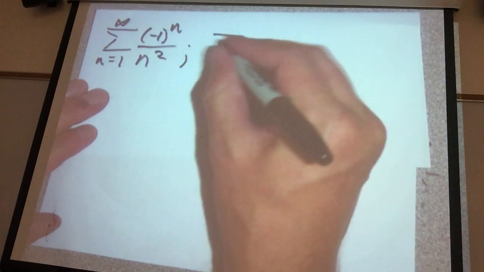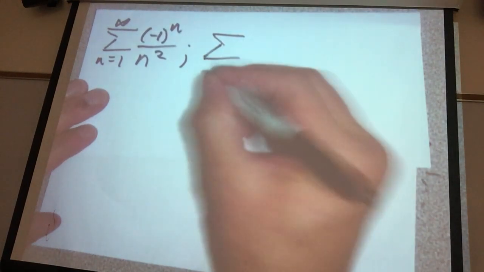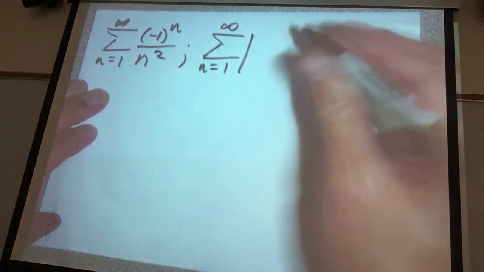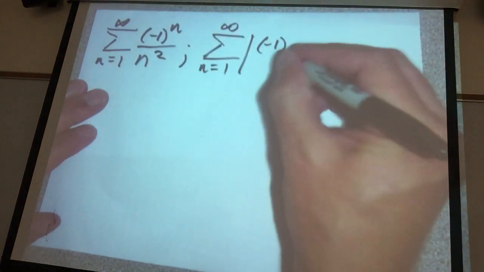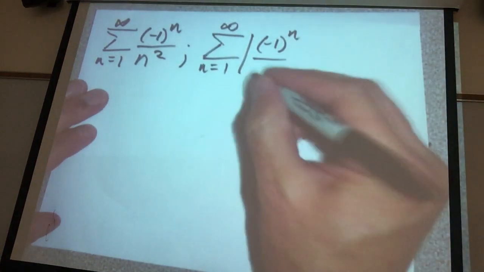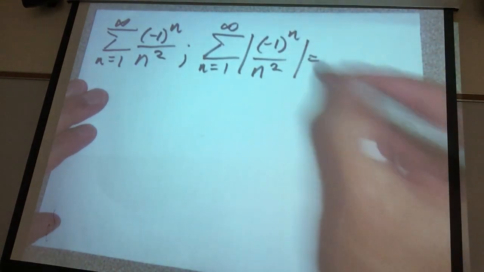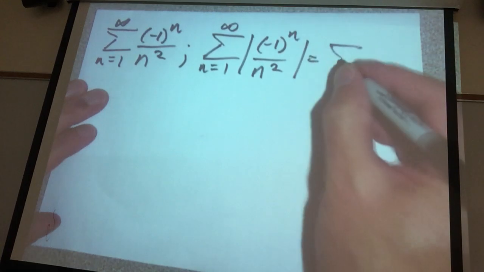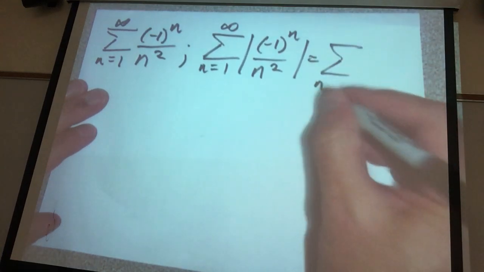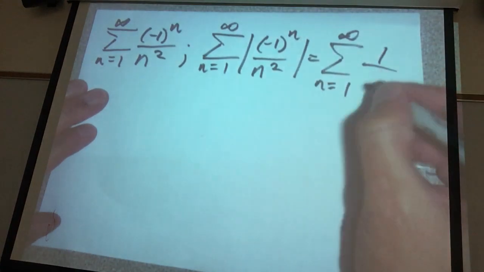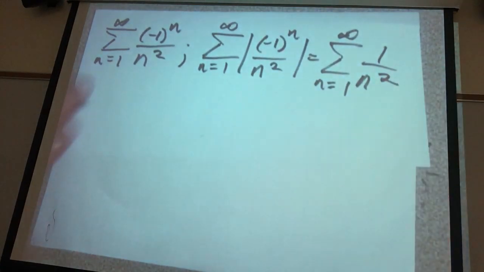Now the sum n equals 1 to infinity of the absolute value of -1 to the n divided by n squared. This is the sum n equals 1 to infinity of just 1 divided by n squared.